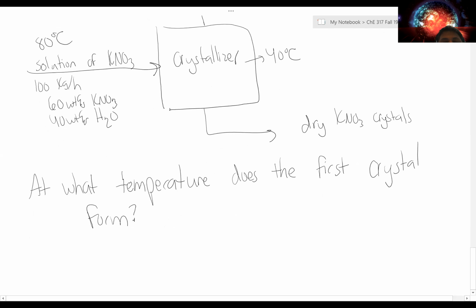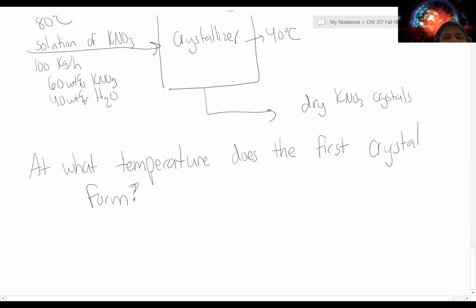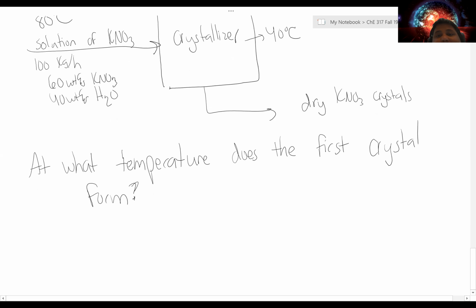Well, how are we going to find that? Well, we need to know, based off this input, what's going to be the temperature where the solubility of KNO3 equals the concentration in this feed solution.